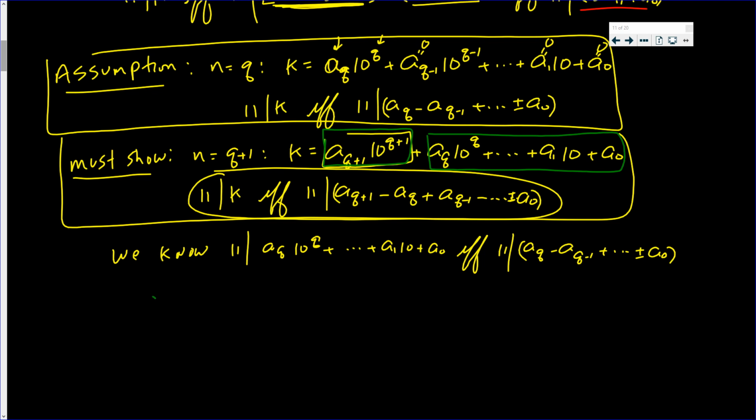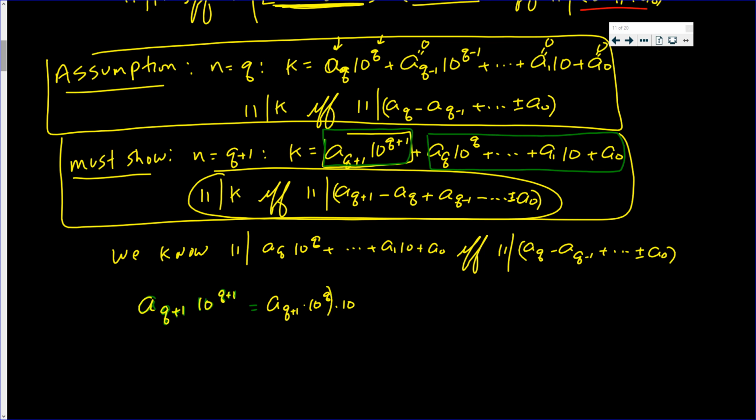Now, a(q plus 1) times 10 to the q plus 1. Now this is where you have to be clever. And it seems to always be the case in these induction proofs where at some point you have to be a little bit clever. This here is a(q plus 1) times 10 to the q times 10.